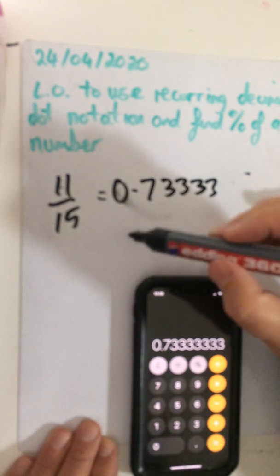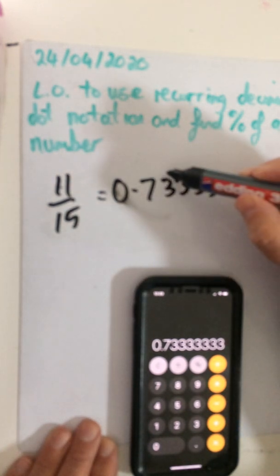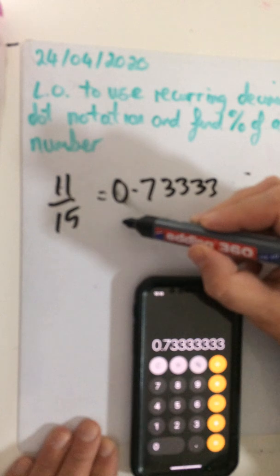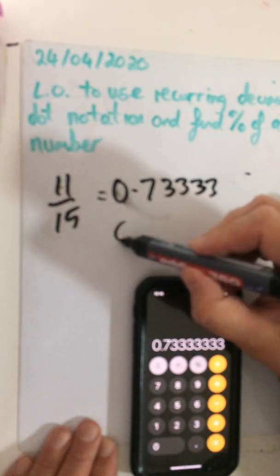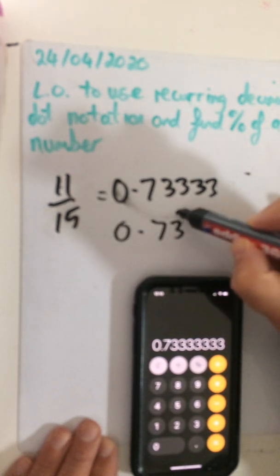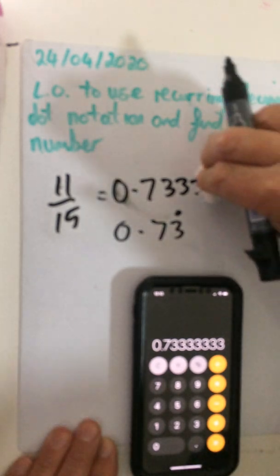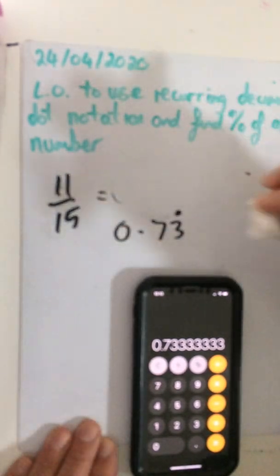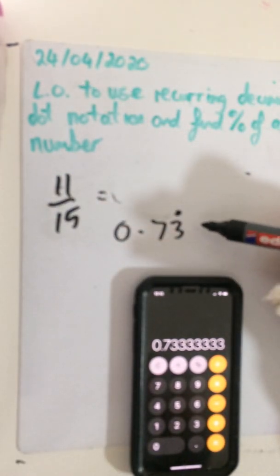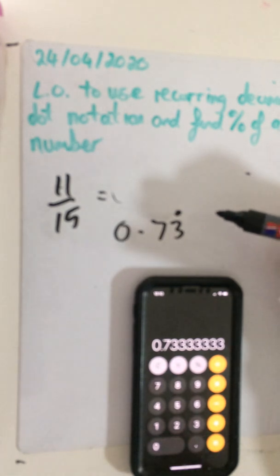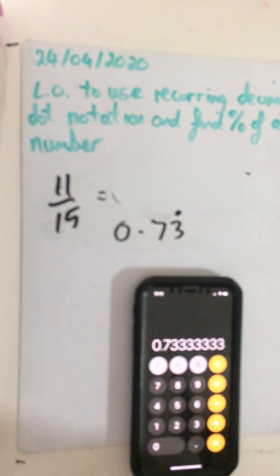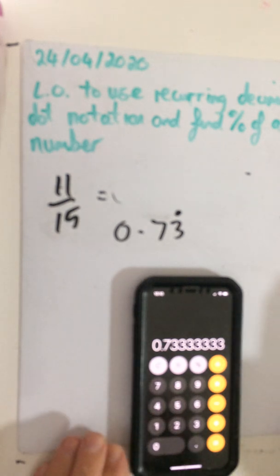So again, we can convert it. Only the 3 here is recurring, so that's the only place we put the dot. So 0.73 with the dot on the 3, and we're using the dot notation to show a recurring number.